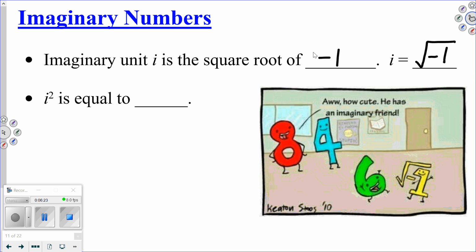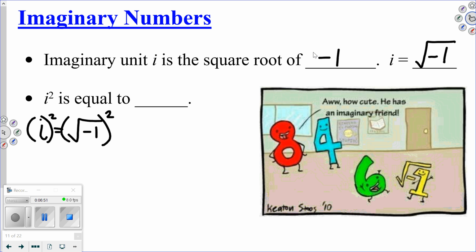All right, so if i is equal to the square root of -1, what is i squared equal to? Well, if i equals the square root of -1, if I square both sides, we can do that with equations, it keeps them equal.